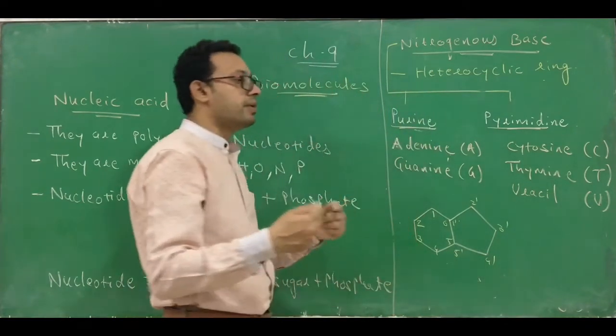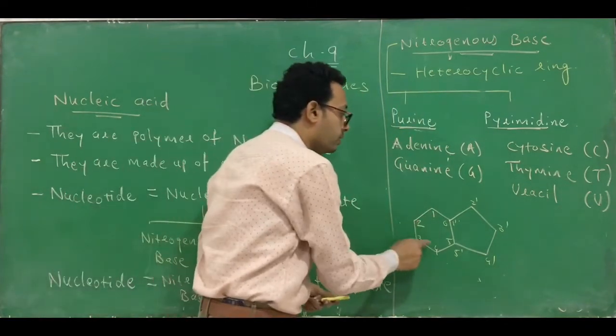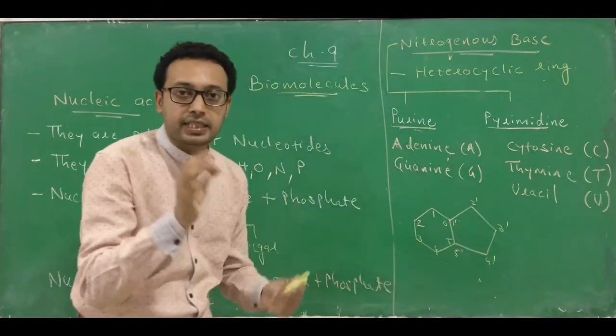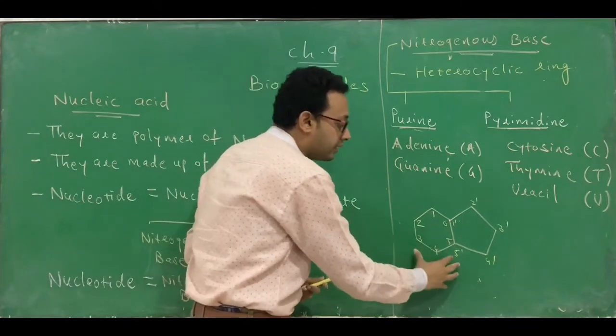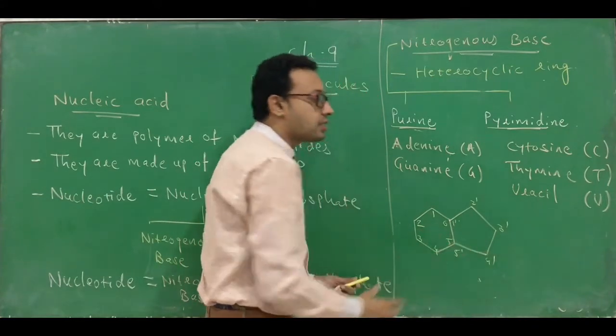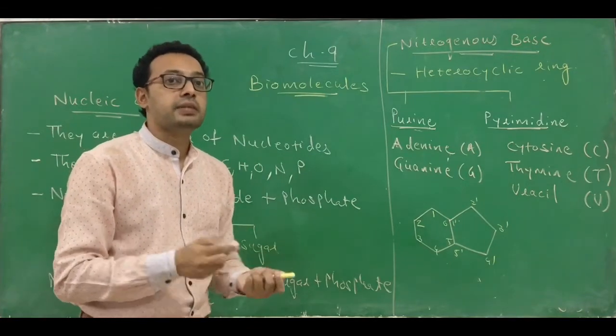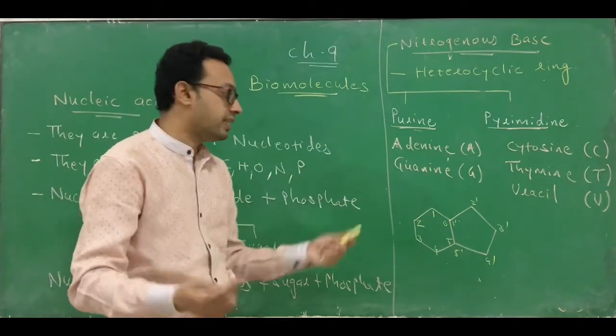To differentiate the numbers I am giving this. That means the purine contains one 6-member ring and the other is a 5-member ring, both connected. Heterocyclic means it contains nitrogen, oxygen, sulfur, etc.